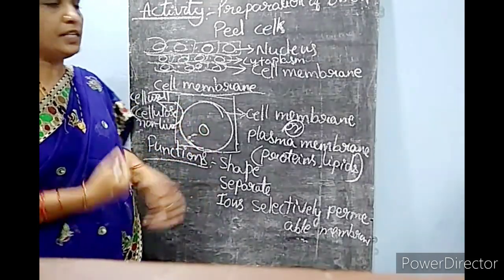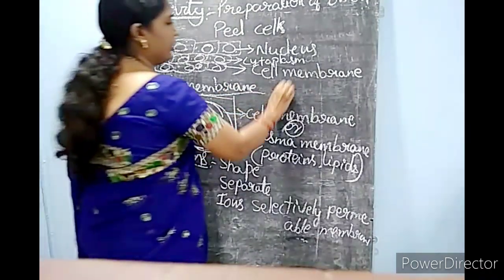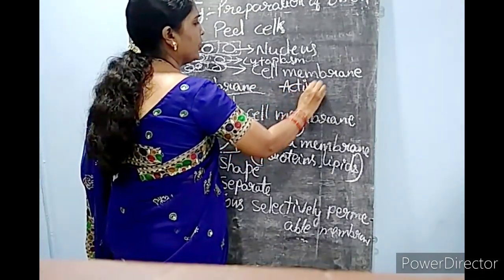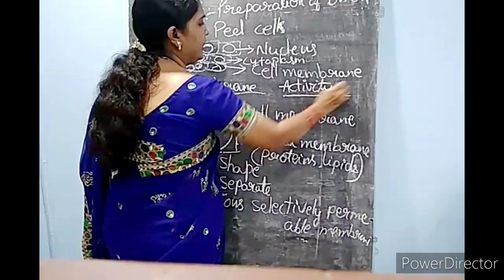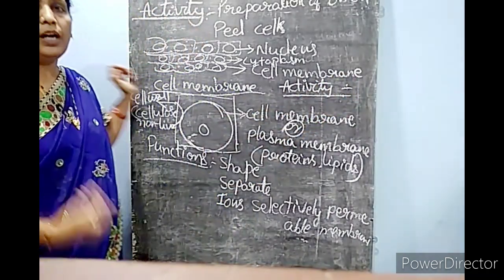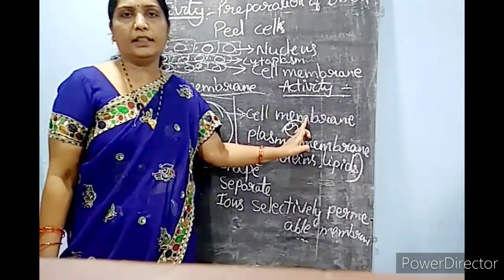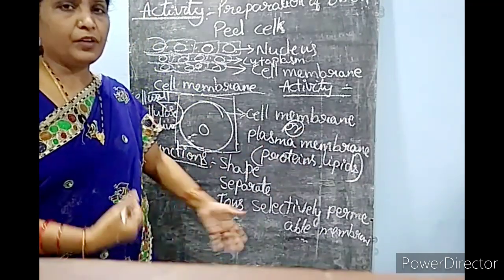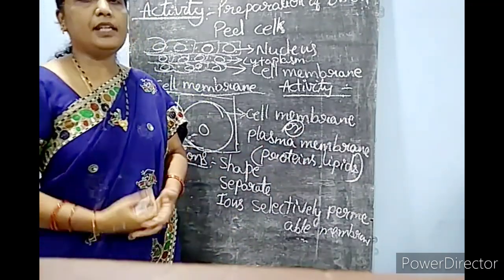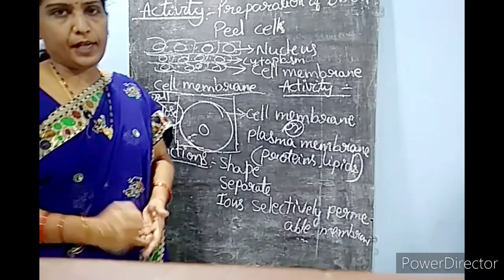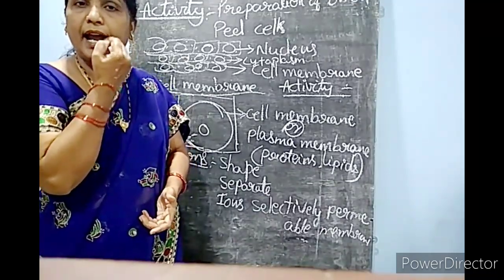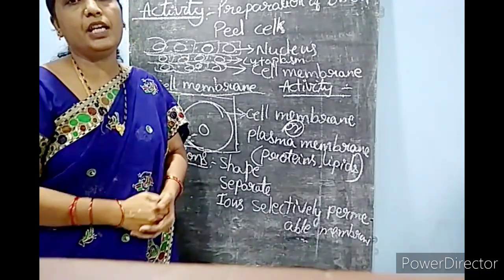To understand this, there is one more small activity you can do. To see whether the cell wall is present in animal cells or not, you can perform this activity like you did for the onion just now. Take a toothpick and scrape the inner layer of your cheek.